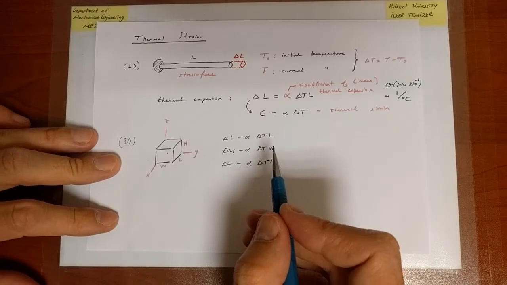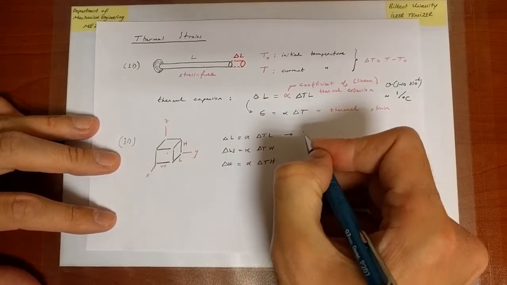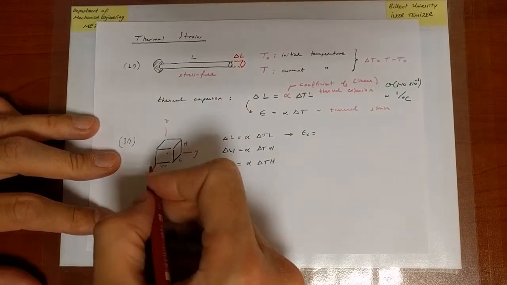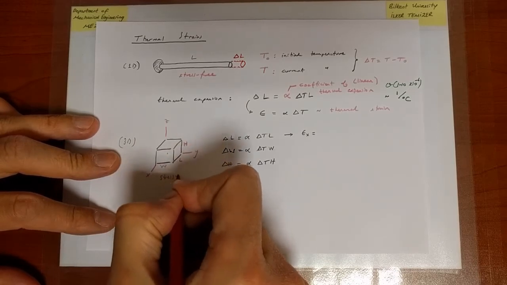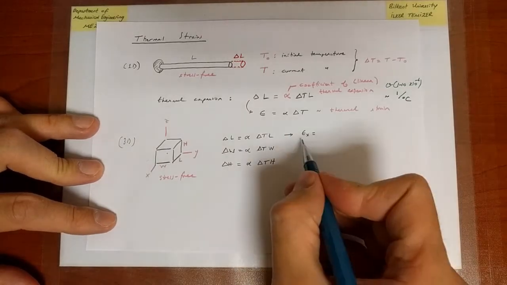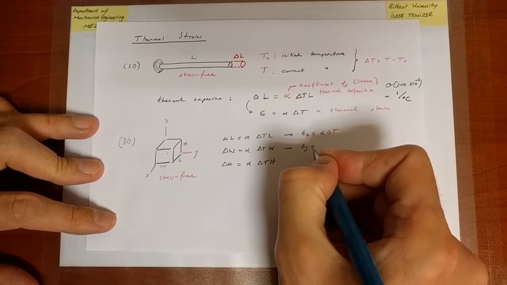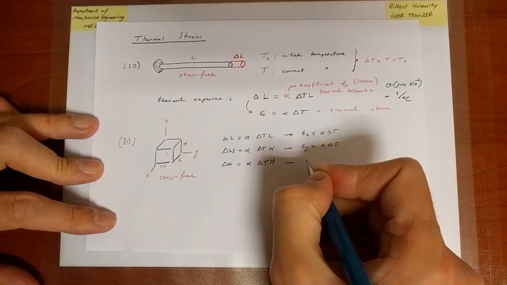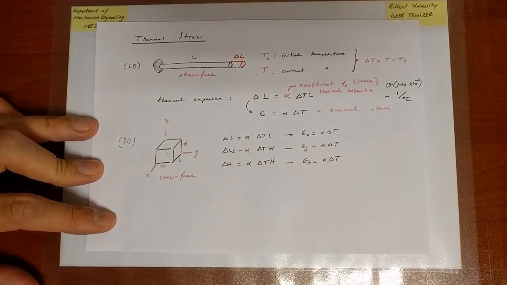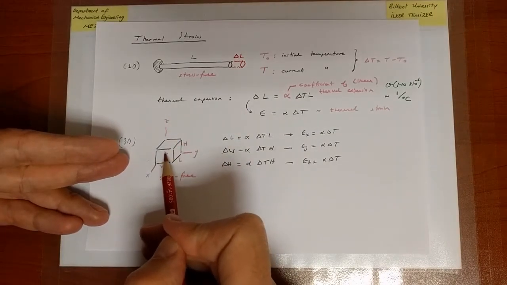So now, as a result of that, what we obtain is that the strain along the x direction, despite the fact that we have again a stress-free scenario, despite the fact that we have no loading, we get a strain along the x direction, which is alpha delta T, a strain along the y direction, which is also alpha delta T, and a strain in the z direction, which is alpha delta T. And in all cases, importantly, I do not see a distortion in the shape of this cube.